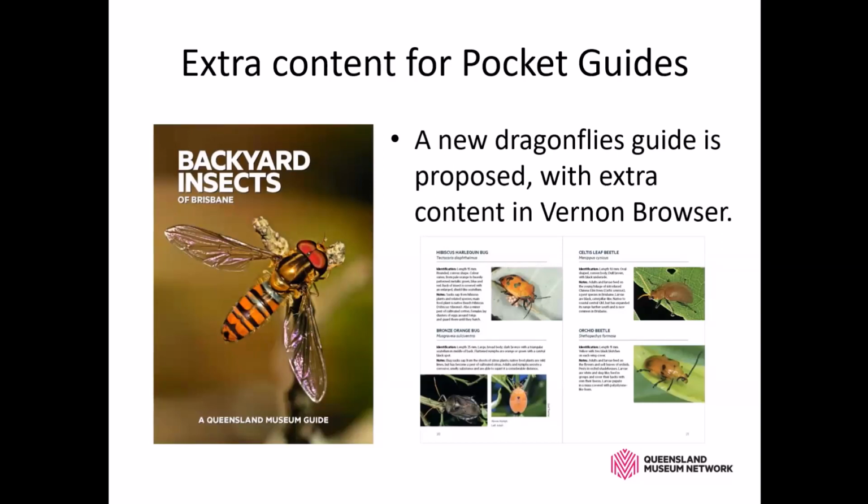It wouldn't be called a pocket guide if we put every image and every ounce of content we had in it. But if we can have QR codes in the book and people can go across to Vernon Browser and browse additional content, I think that'd be a really great way to boost and augment those little pocket guides.